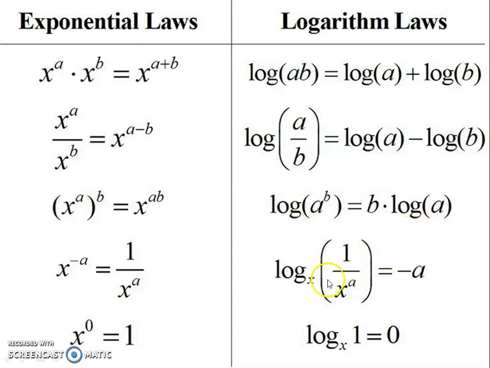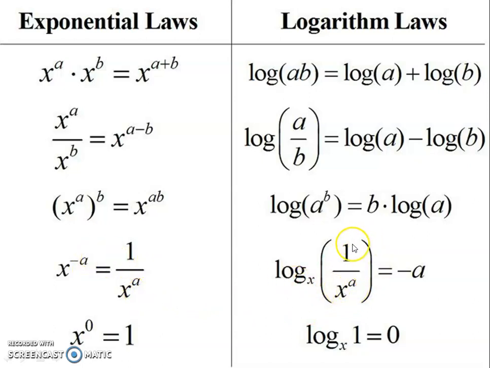Next, they give the first one: log 1 to the base x is 0. Then I discuss this property: log to the base x of 1 upon x raised to a is equal to minus a. This is the application of the power law. How do we derive it? We know 1 upon x raised to a is x raised to minus a.